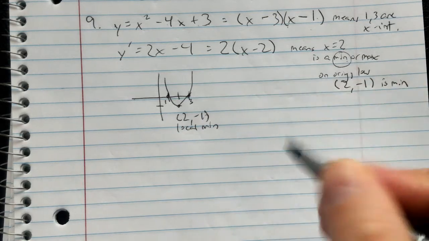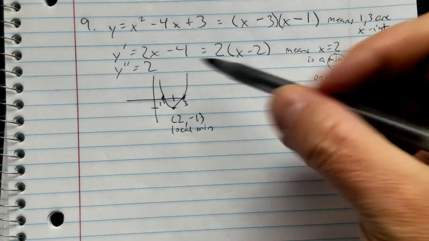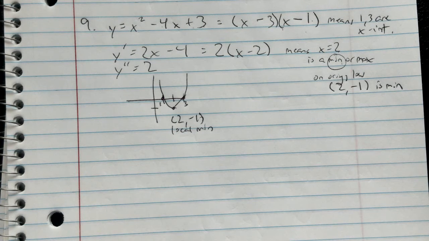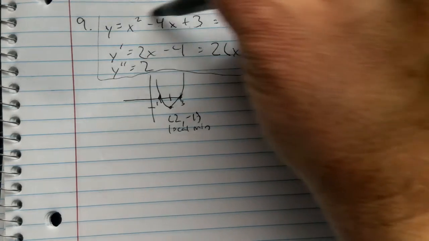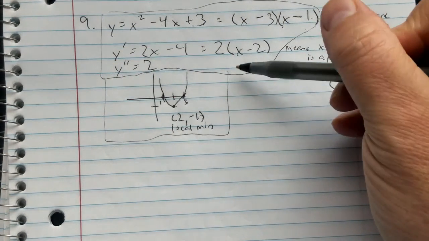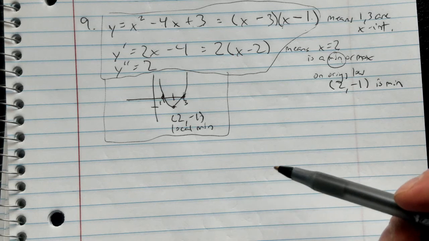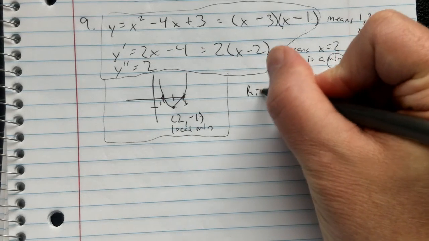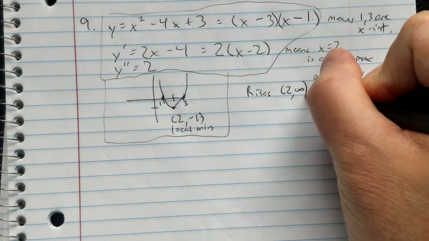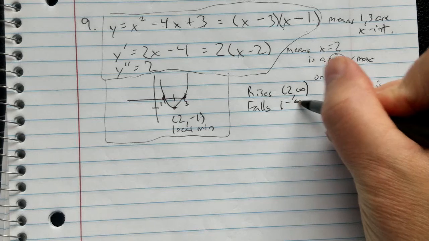So we also need our second derivative, which would just be 2, because you take the coefficient. It's like the slope, basically. So make sure you have your functions, including the factored out part, as well as the graph. And then our descriptions of this are that it's going to rise from 2 to infinity. And it falls on negative infinity to 2.